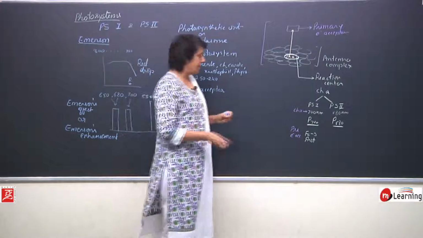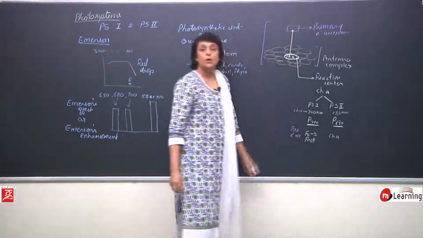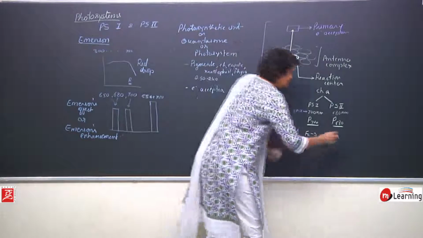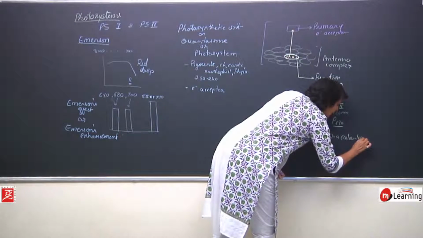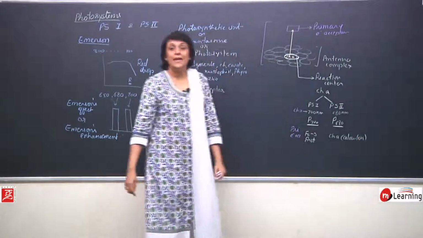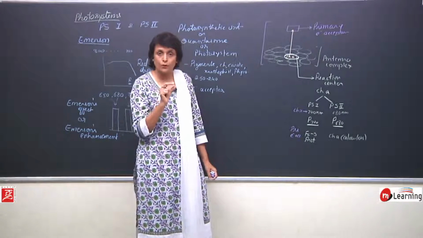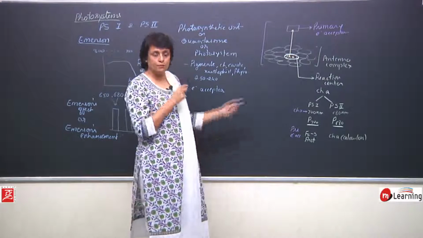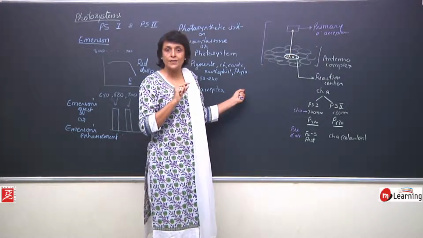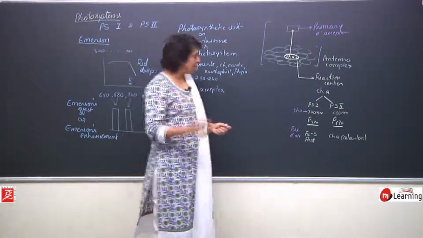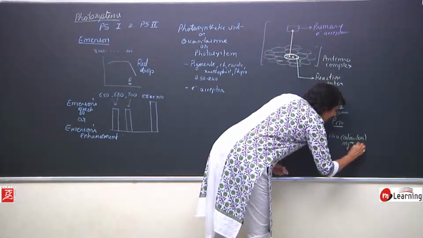In case of PS2, there are again two schools of thought. One group says that it is a chlorophyll A molecule which is colorless. So, it is a colorless chlorophyll molecule in which the magnesium ion which is present in the head of chlorophyll, in the porphyrin head, when we did the structure, there is magnesium in the middle and then there are 4 pyrrole rings around it. So, that middle magnesium is missing. So, it is colorless and the magnesium ion is absent.